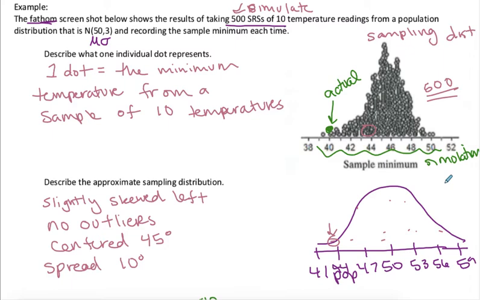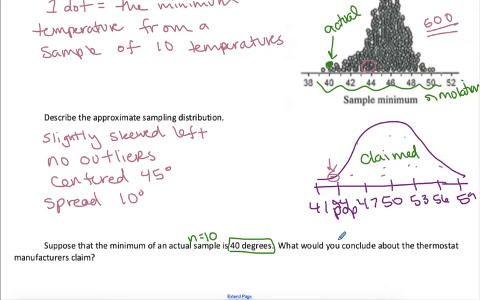So this is saying the Fathom screenshot below shows the results of taking 500 samples of 10 temperature readings from a population distribution that's here. So this is what the thermostat company has claimed is the population, that here's where our thermostat will keep in consistency.